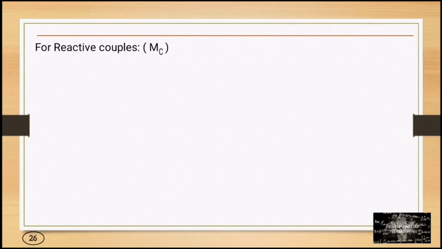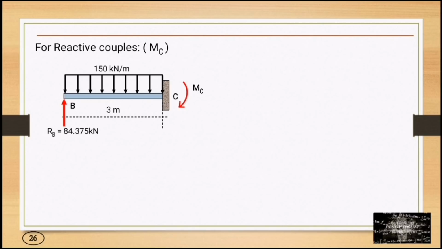Now for the reactive couples, so MC, consider beam BC or segment BC. So summation of moment at point C is equal to 0, considering counterclockwise positive.